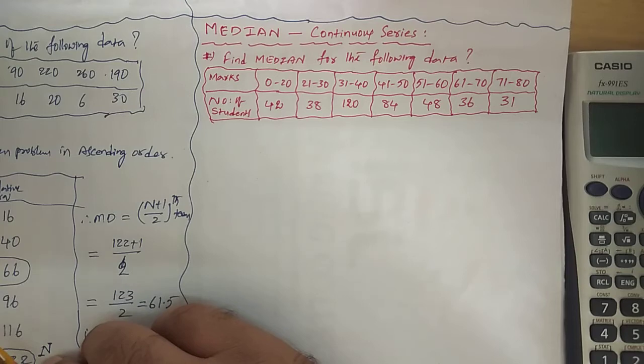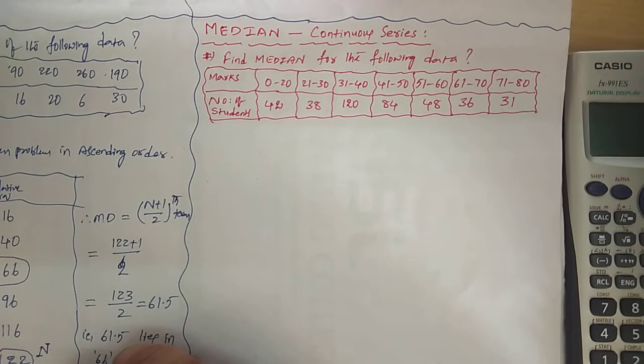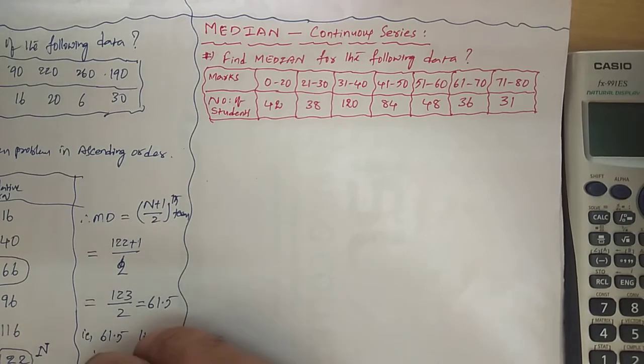But in the case of an even number of items, you are going to identify the median by selecting the average of the two middle values. So you know how to select the two middle values.